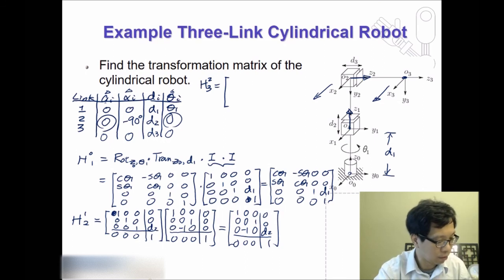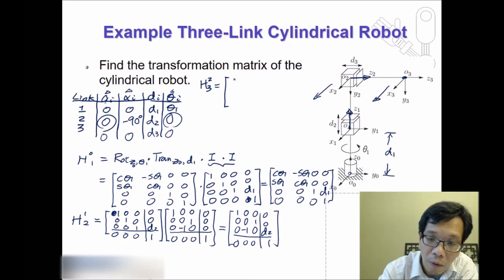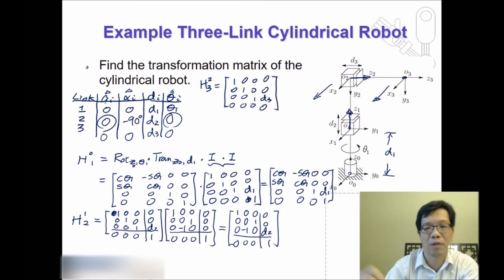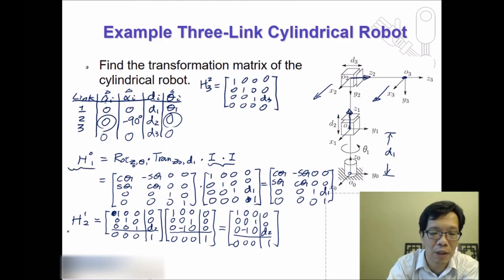1, 0, 0, 0, 1, 0, 0, 0, 1, 0, 0, 0, 0, 0, D3, and 1. So I got my H01, H12, and H23.